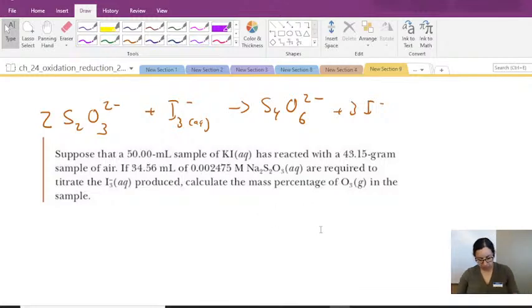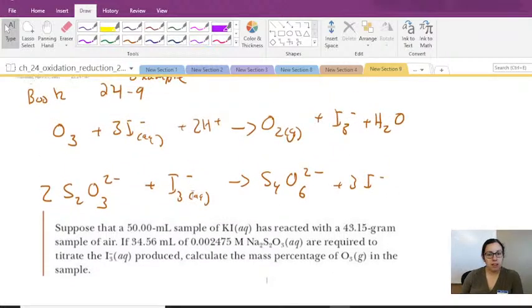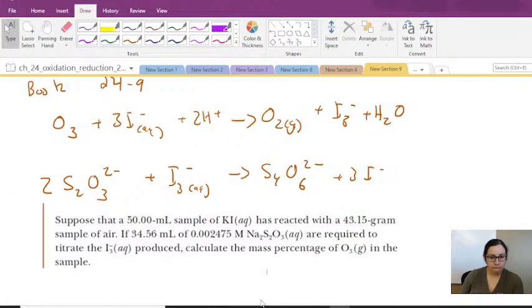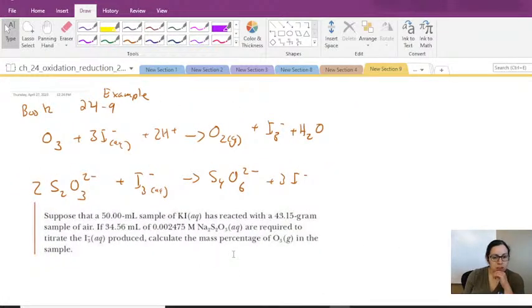And again, you should have been able to do this with your stoichiometry skills from second quarter, but we'll go through it since it's a lot of steps. So what do you think the first step is, just looking at this? What do we need to calculate?